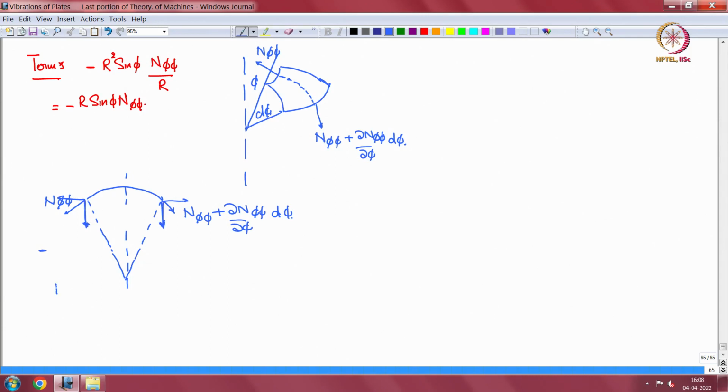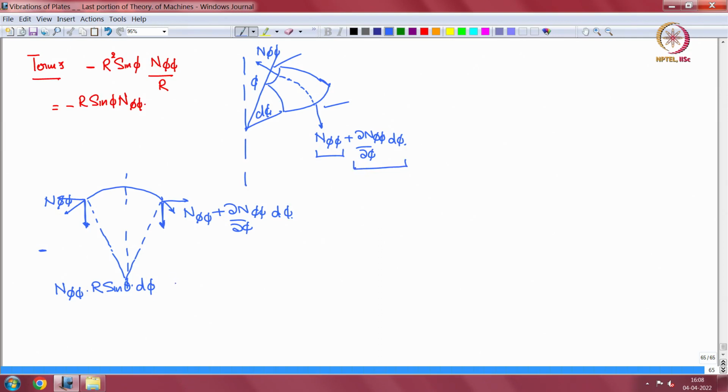So I have n phi multiplied by r sine theta d phi. That's for this side, and this side is augmented, but I will right away say that this is a smaller term than this, so I am going to ignore it right here.